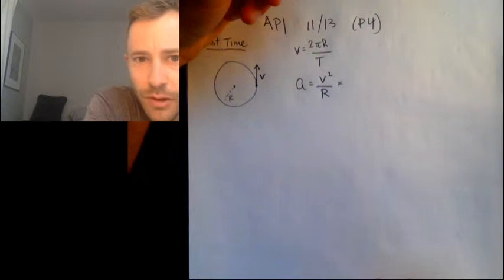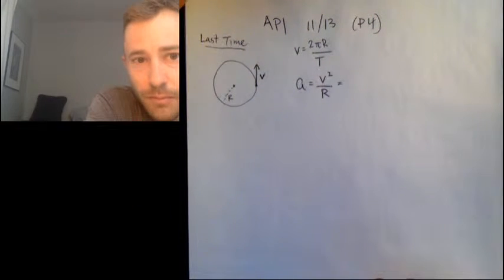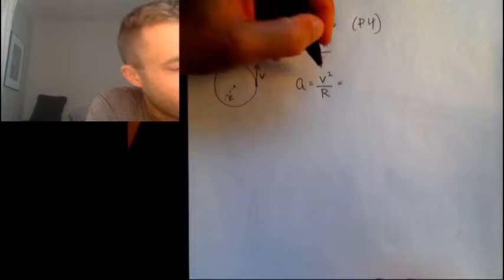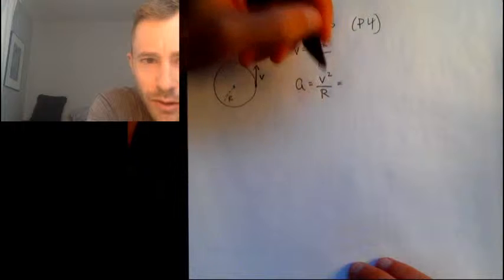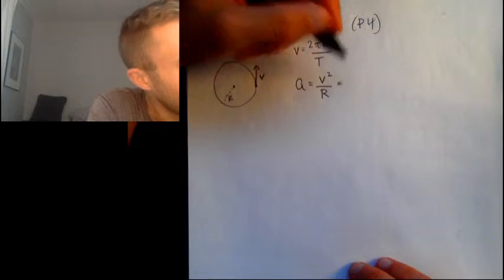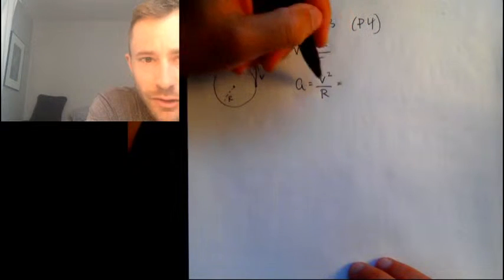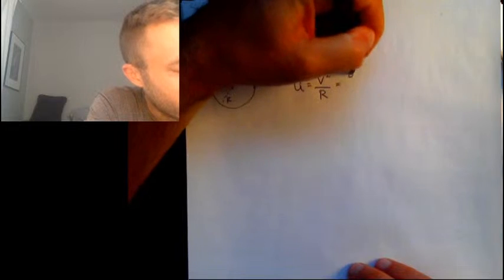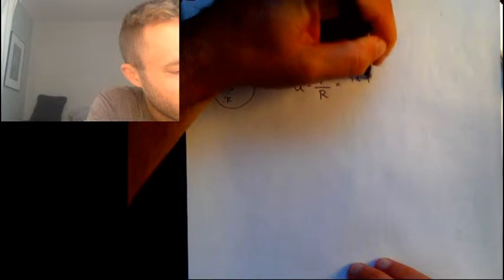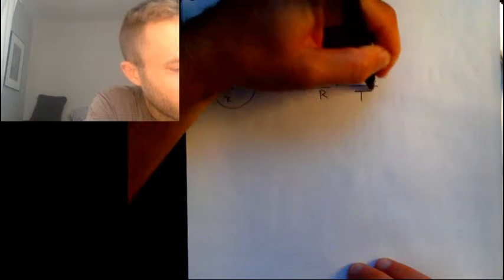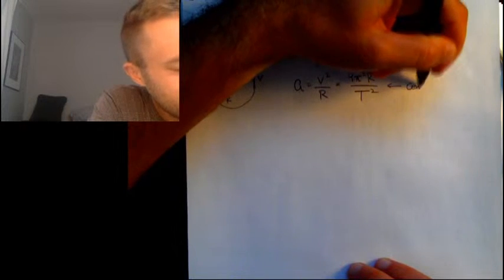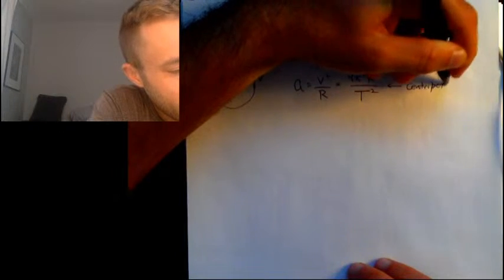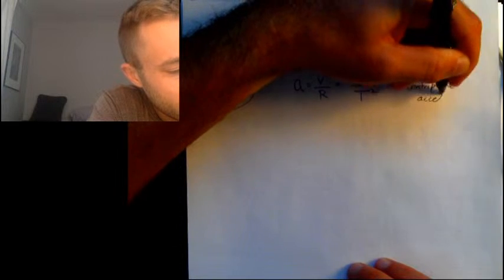Or if you prefer to express it in terms of period instead of speed, this would become 4 pi squared r over the period squared. So this is called the centripetal acceleration.